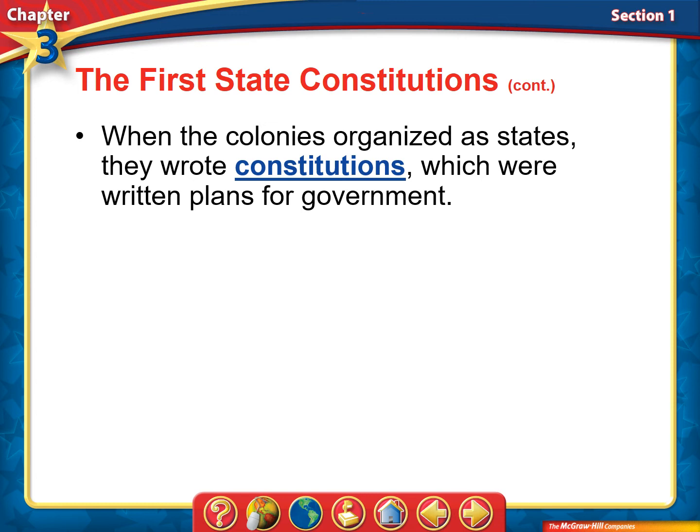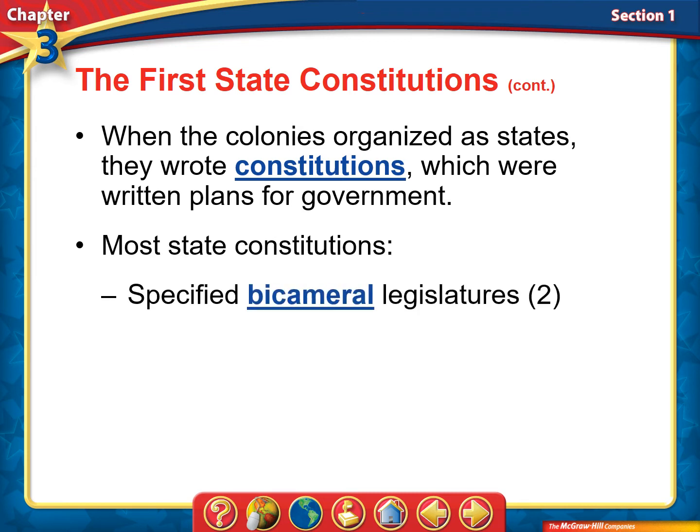All of these constitutions, including the United States one, leave room for additions or subtractions. Things can be changed, things can be overturned. But most of these state constitutions specified a bicameral legislature, and that means it has two parts or houses.